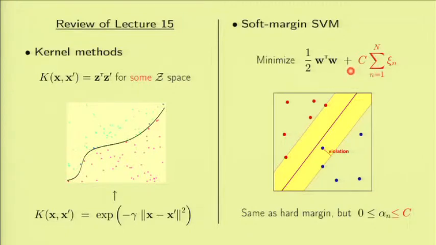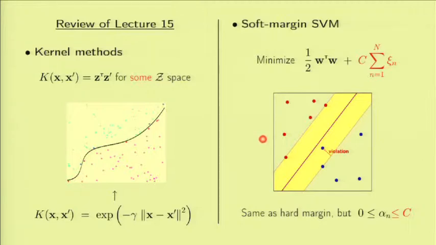Think of it as it gives us another degree of freedom in our design. And it might be the case that in some data sets, there are a couple of outliers where it doesn't make sense to shrink the margin just to accommodate them, or by going to a higher dimensional space with a nonlinear transformation to go around that point and therefore generate so many support vectors.